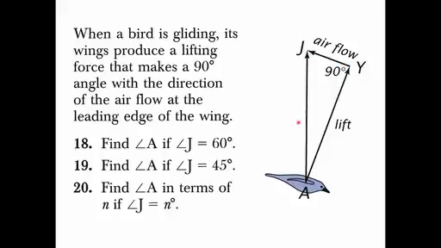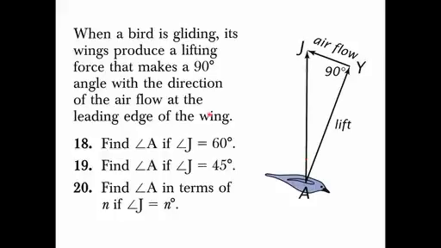So we've got a triangle formed here, and they have some givens here. They want you to find A in each case, and they're giving you the fact that J is 60. Find A. If J is 45, find A. And then find A in terms of N. If J is N degrees, what's A?